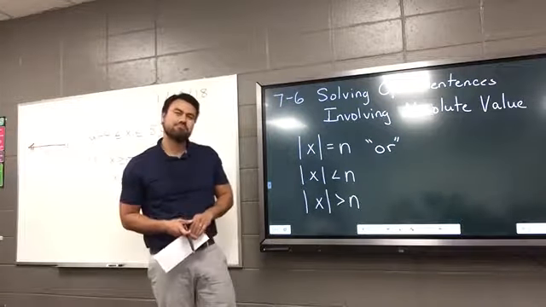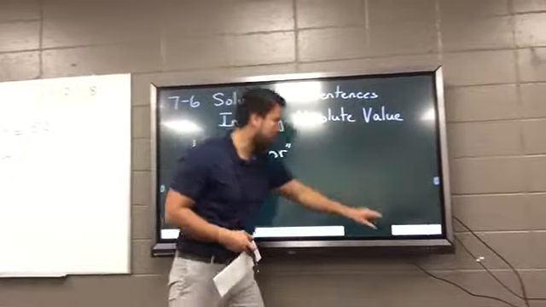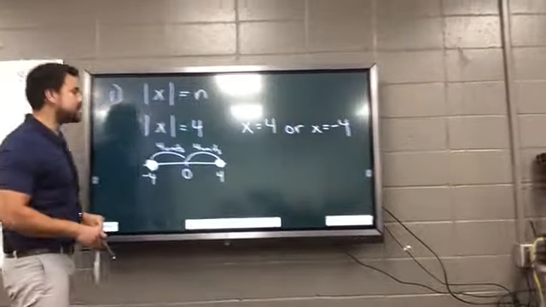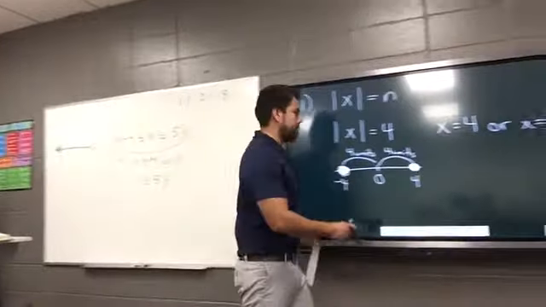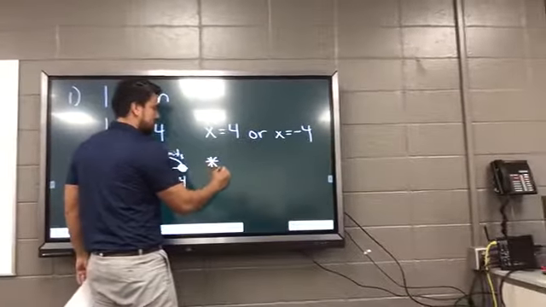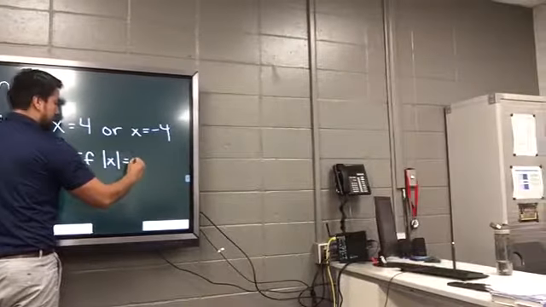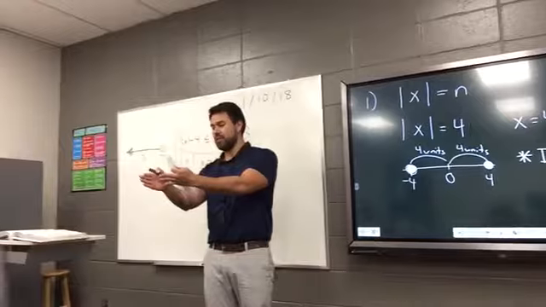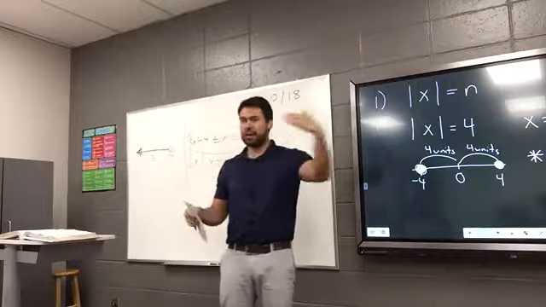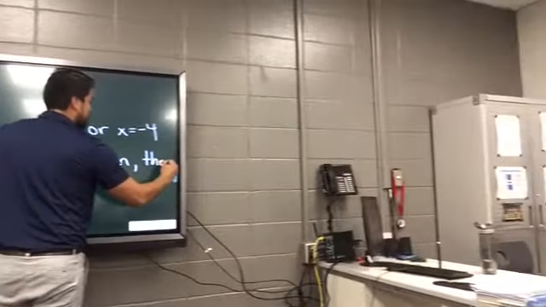And you're like, okay, I see what you're saying there, but how do we actually work these problems out? Well, what a great question. This is the main idea I want you to get from everything I've written up here. Okay, and I'll put a little asterisk. If the absolute value of x equals n, okay, so if you're dealing with one of these problems where you have an absolute value of a number equaling another number, then this is what you do to figure out what those two values are.